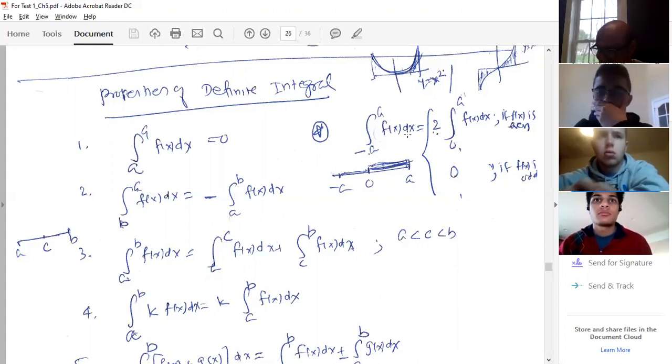Odd function: when f of negative x equals negative of f(x) for all x, this is called an odd function.